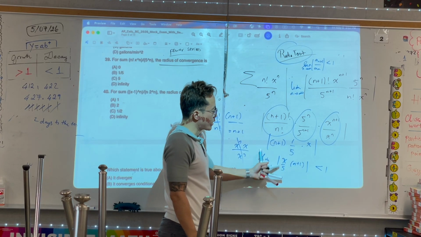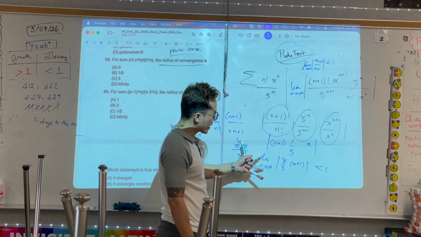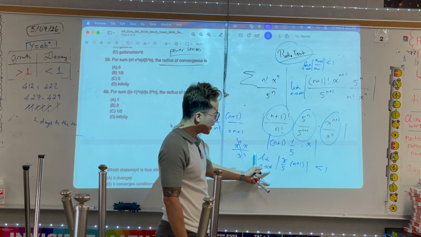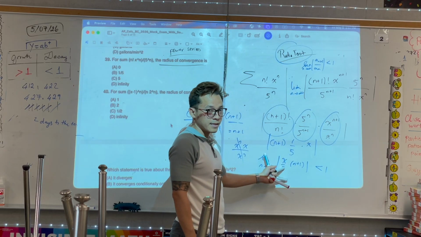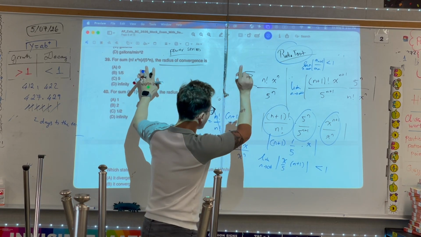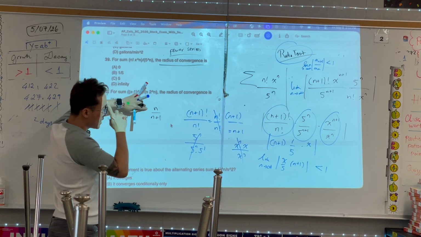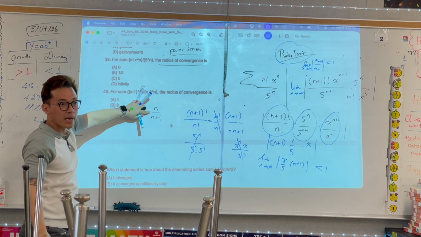Now think about this. What value of x makes this whole thing less than 1? You need to think about the limit, when n goes to infinity, what happens to this guy? In one of the examples we did above, we have something like this, which is good, because this is always less than 1.